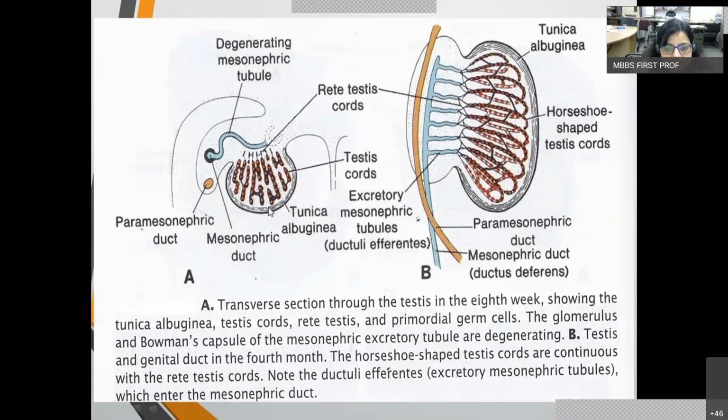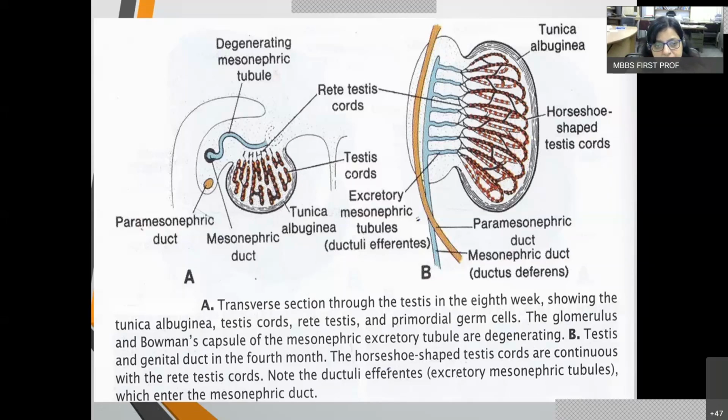This is the genital ridge, and the thick tunica albuginea is present in males. This is the tunica albuginea. It is thick in male development, and the medullary cords are there. The gonad has a cortex and medulla. In males, it is the medullary part that develops, and the cortical part does not develop, whereas it is opposite in females.